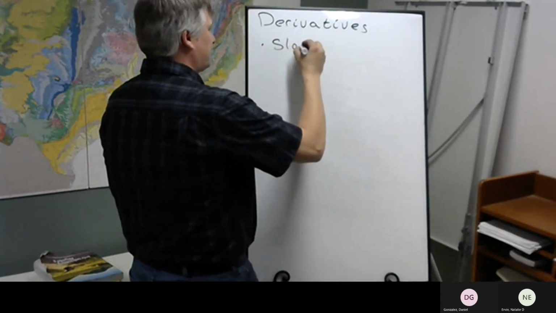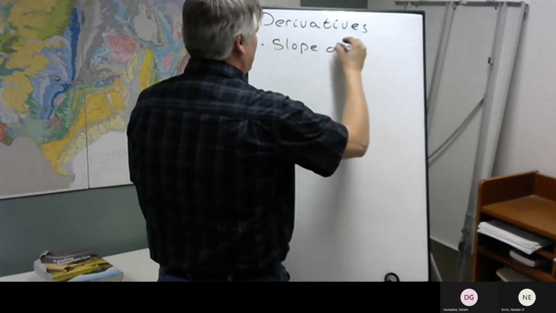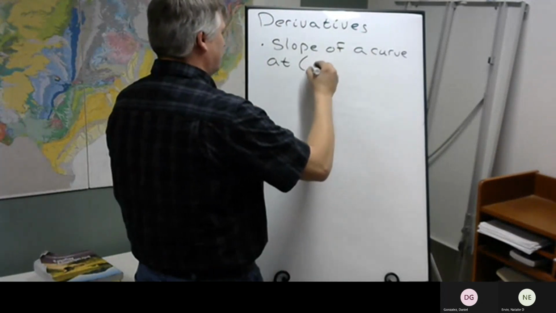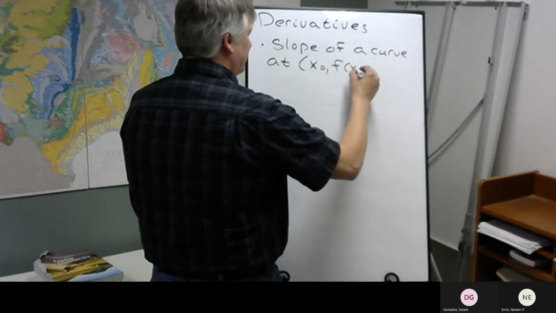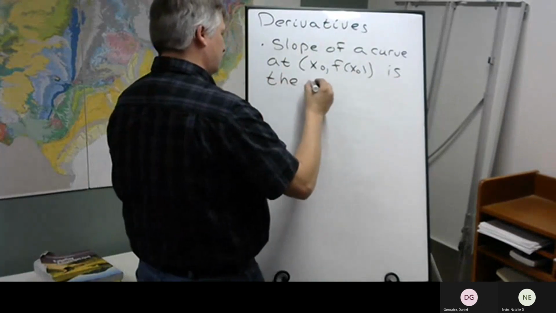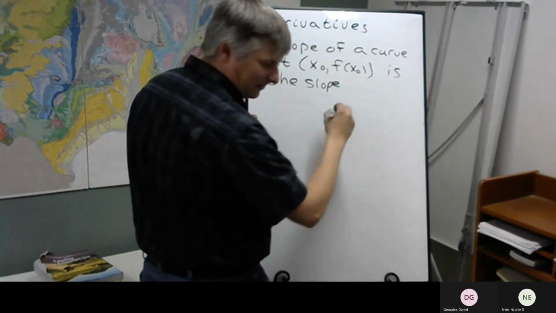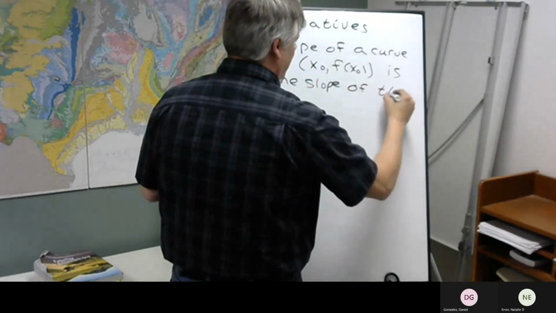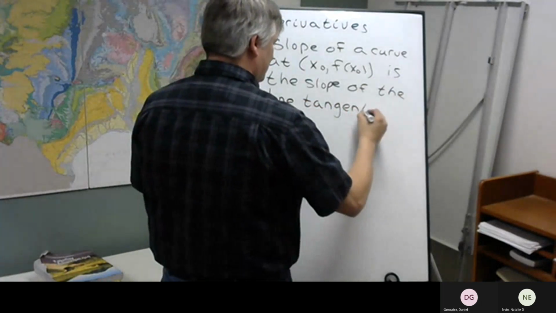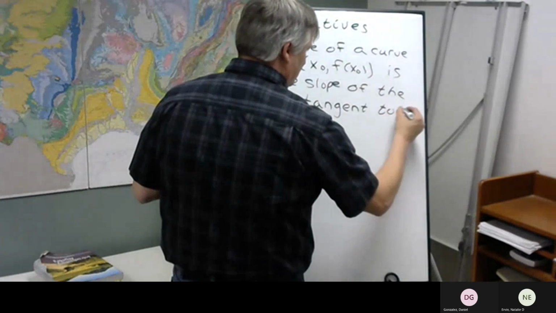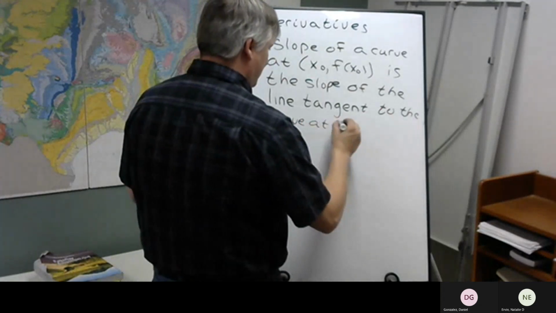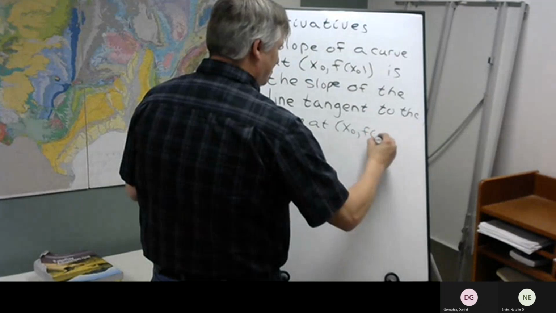So the slope of a curve at x0, f of x0, is the slope of the line tangent to the curve at x0, f of x0.